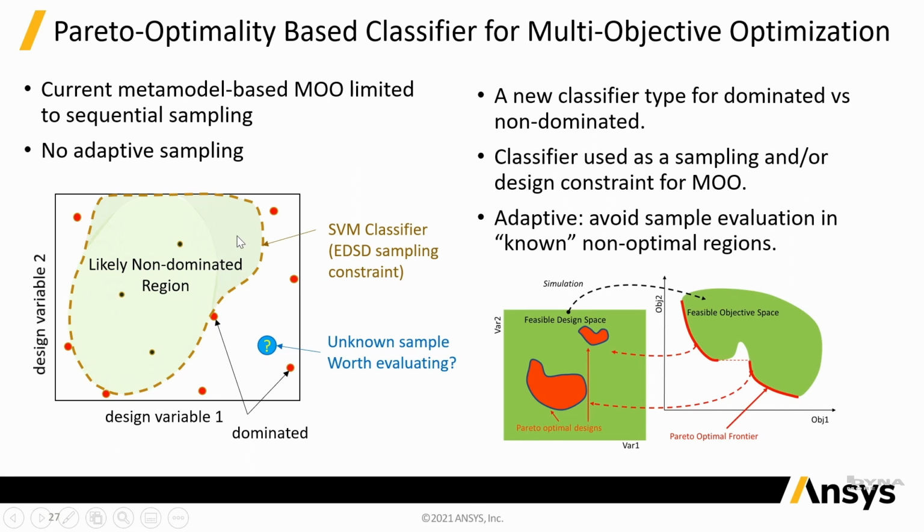And once we have that, then I talked about the classifier-based sampling constraint earlier. This decision boundary can be used to adaptively sample so that you are not doing a lot of sampling in the white regions which are not expected to be non-dominated or Pareto optimal.